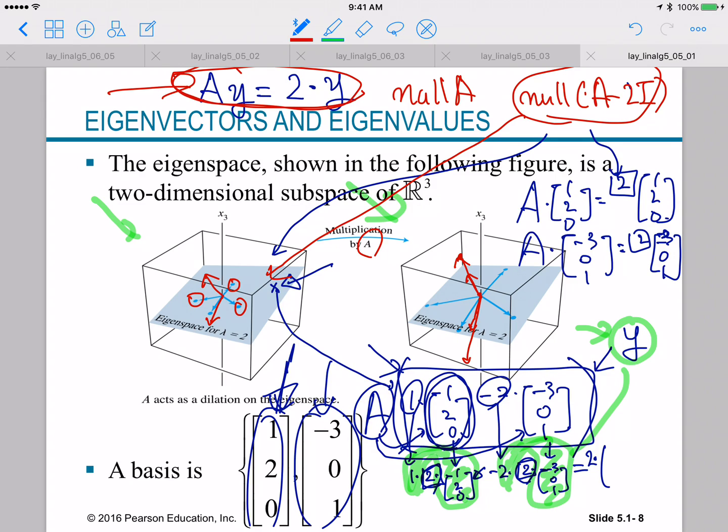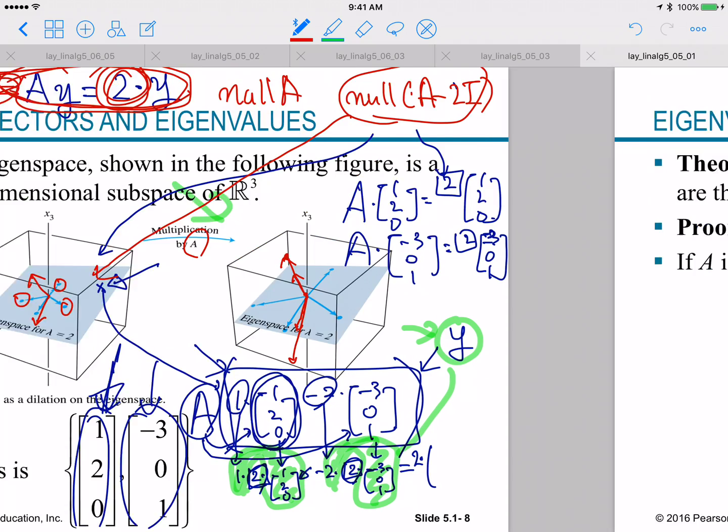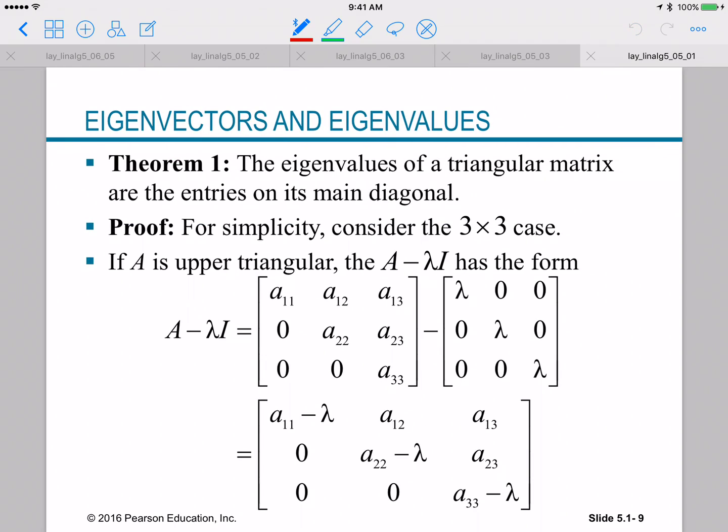That has a special name, eigenspace, which is basically a subspace that contains all the vectors that satisfy this relationship with this particular eigenvalue.